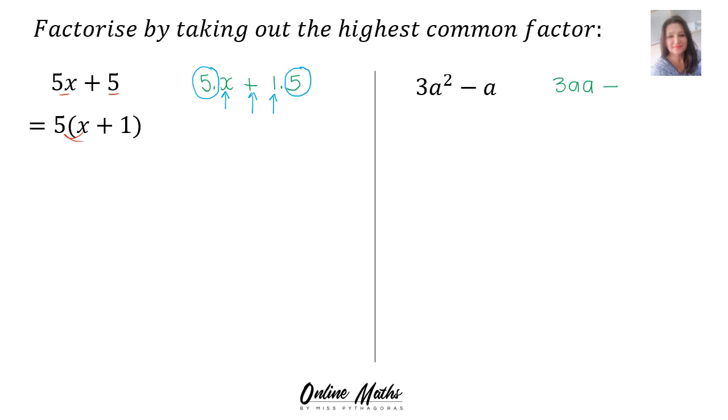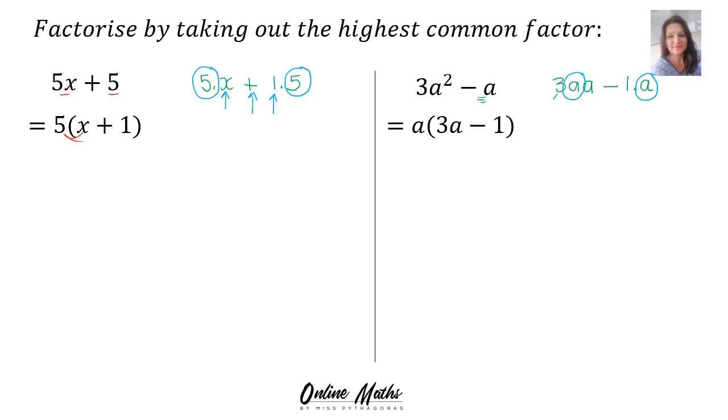minus, and now I'm going to teach you if there's nothing in front of the a, there is in fact an invisible 1. Because when you take out a common factor, now I think it's very clear that a is the common factor. So we'll take out a and a. So that's what you write in front. Inside a bracket, what's left?